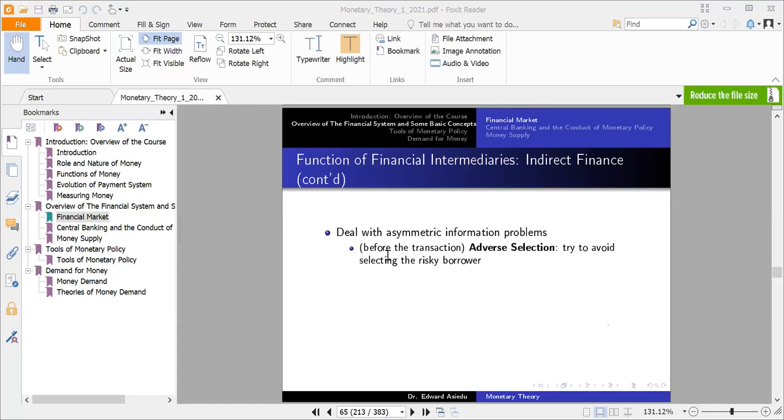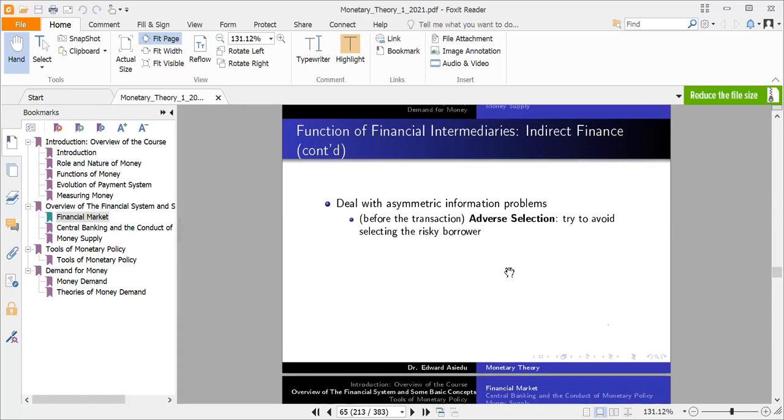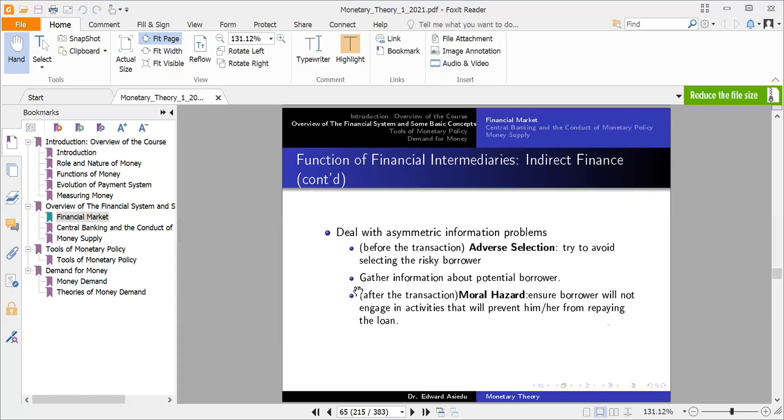So before the transaction, there is the problem of adverse selection, where if you're not careful, you select a risky borrower. Okay. So there are two information problems: adverse selection and moral hazard problem. The first is you gather enough information about the borrower to be able to avoid adverse selection. The second level problem is the moral hazard problem, which is after you have given Ebenezer the money, what does he finally do with the money?